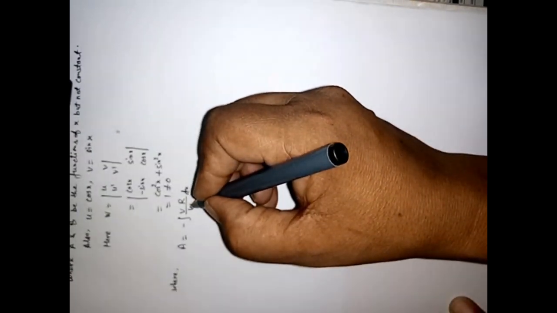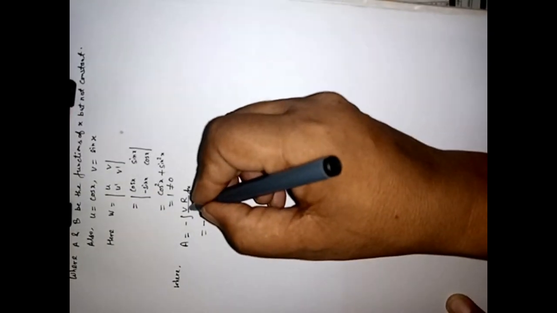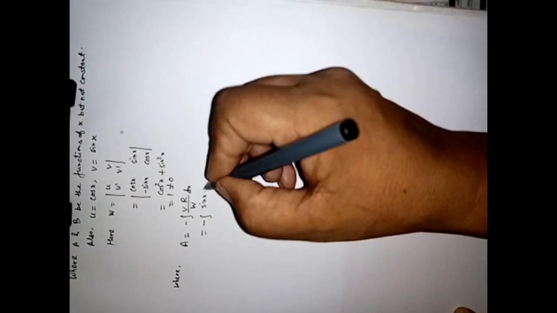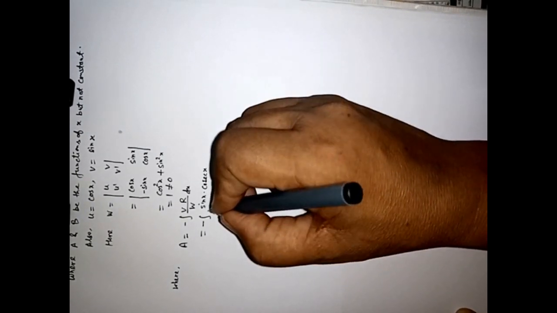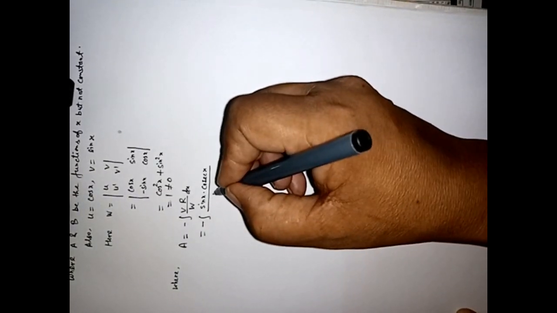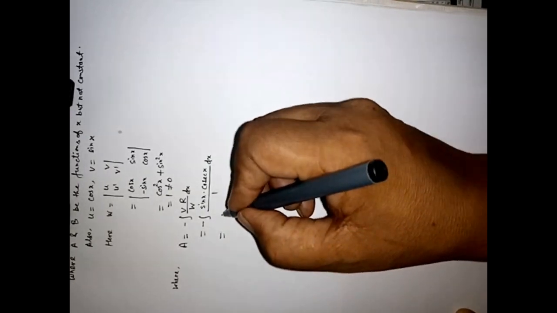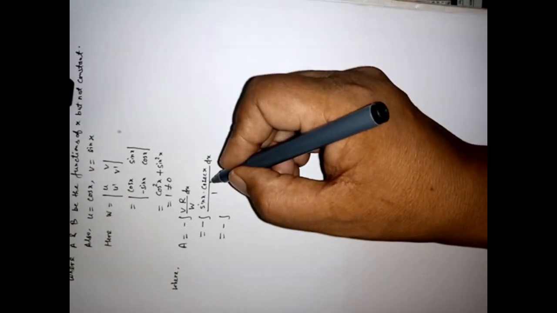So using here v means sin x, r means cosec x, Wronskian that is 1, and here dx, and this gives minus integral sin x into cosec x.